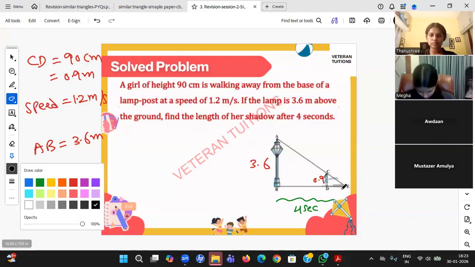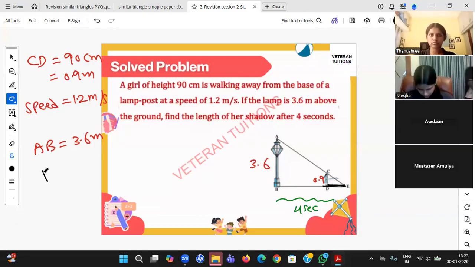Shadow means something like black. He's asking D. So you can take X. Okay, this is the given data, student: height of the lamp post, height of the girl in centimeters, and she walked for 4 seconds, and her shadow after 4 seconds he has asked.